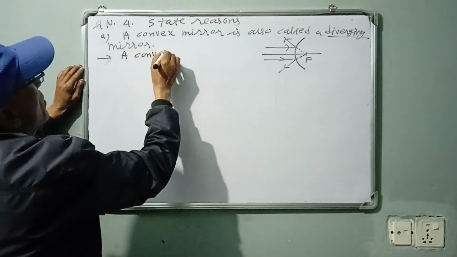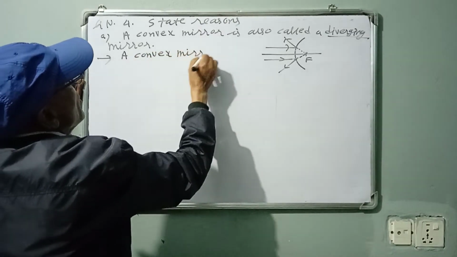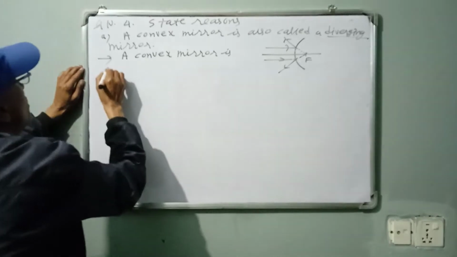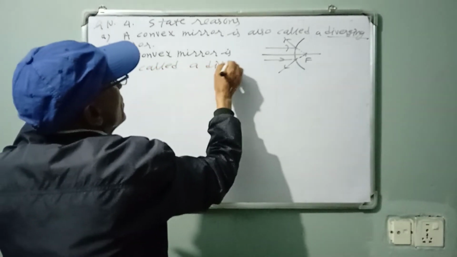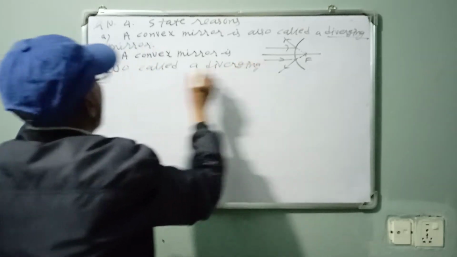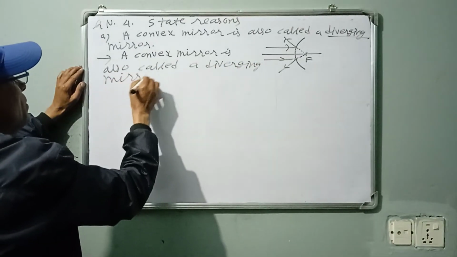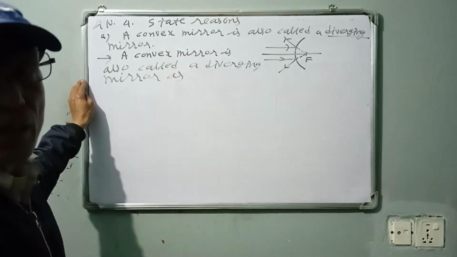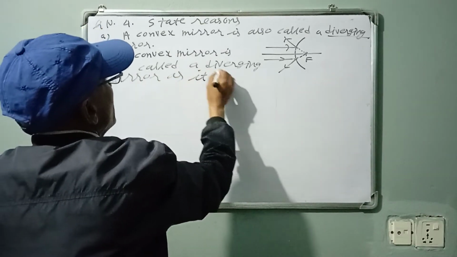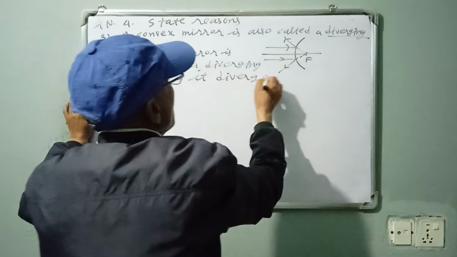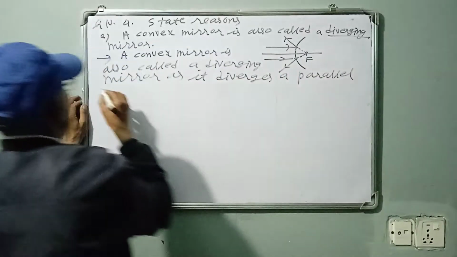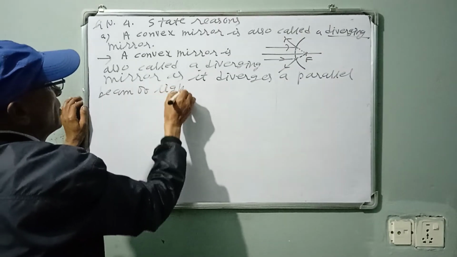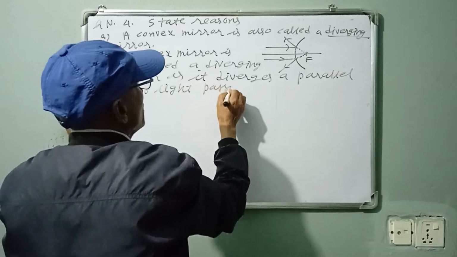A convex mirror is also called a diverging mirror as it diverges a parallel beam of light passing through it.